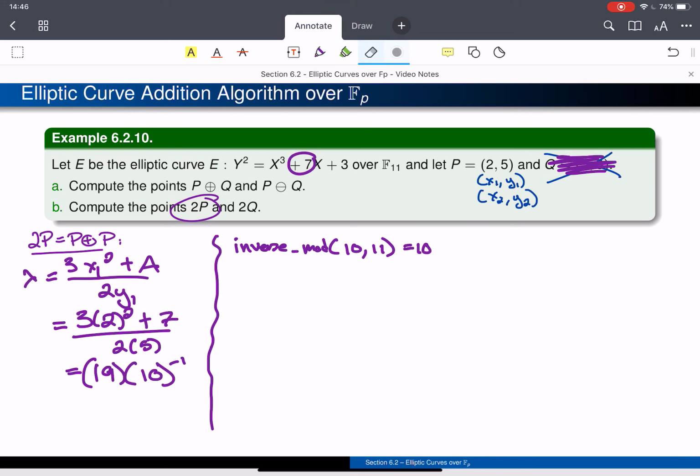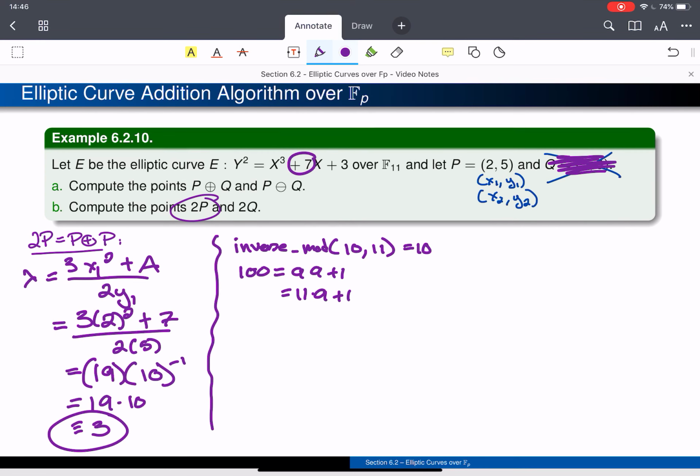And you know that 100 is 99 plus 1, which is 9 copies of 11 plus a 1. So 10 is its own inverse, so that's going to become a 19 times a 10. If you multiply those together and reduce mod 11, you should see a 3 emerge.